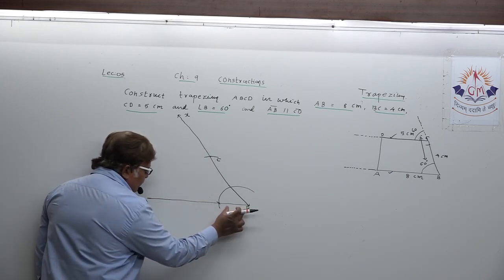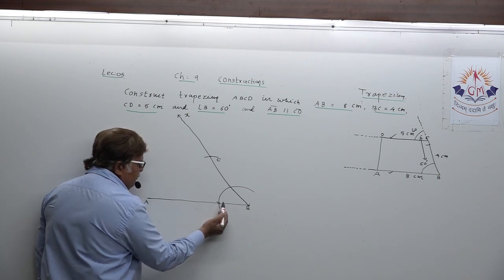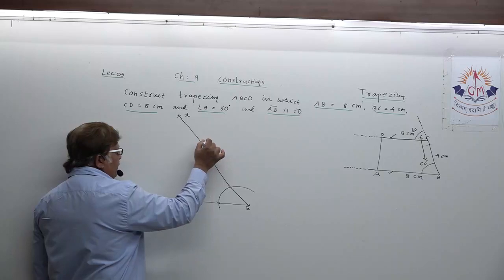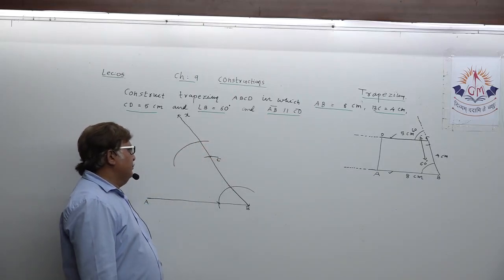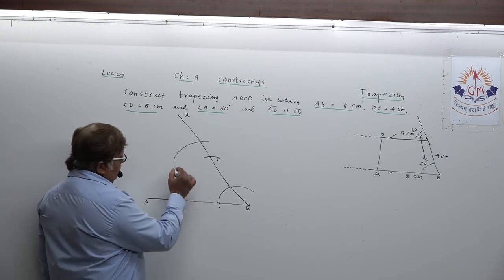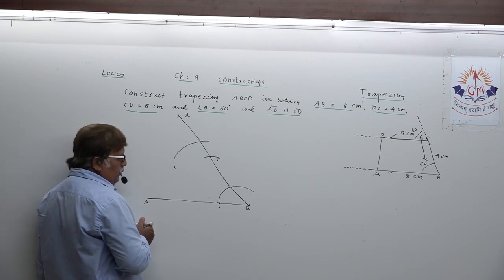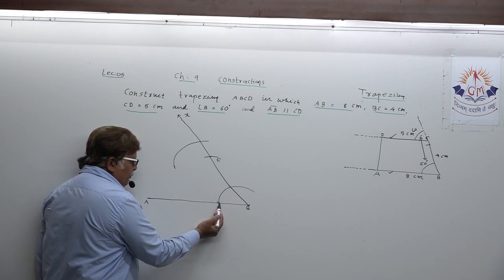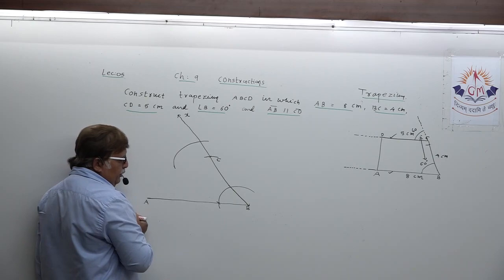So please take the same radius which you have taken, center your compass at C and draw an arc. We have taken the same radius, centered compass here and drawn an arc.